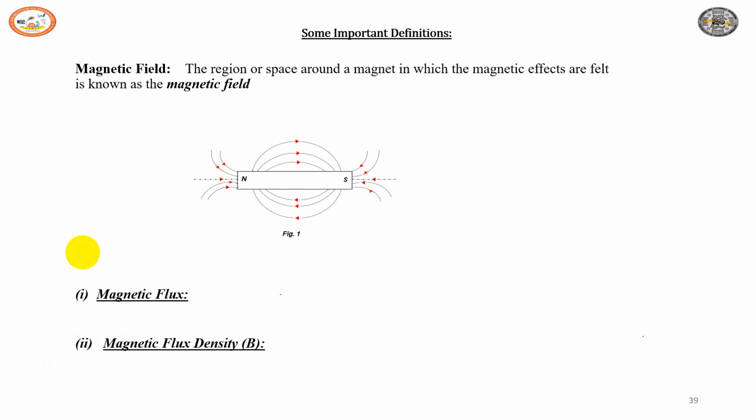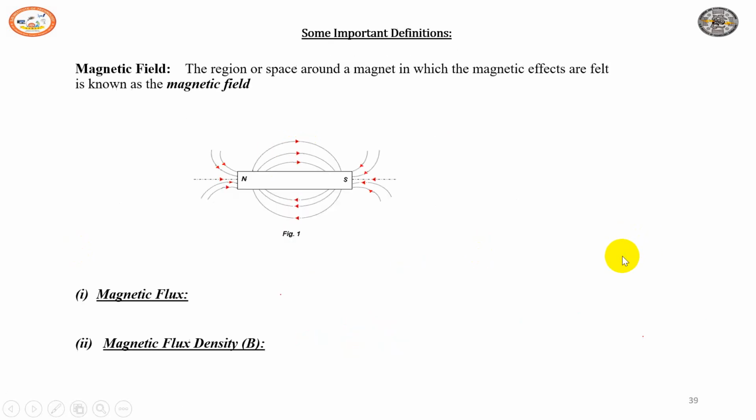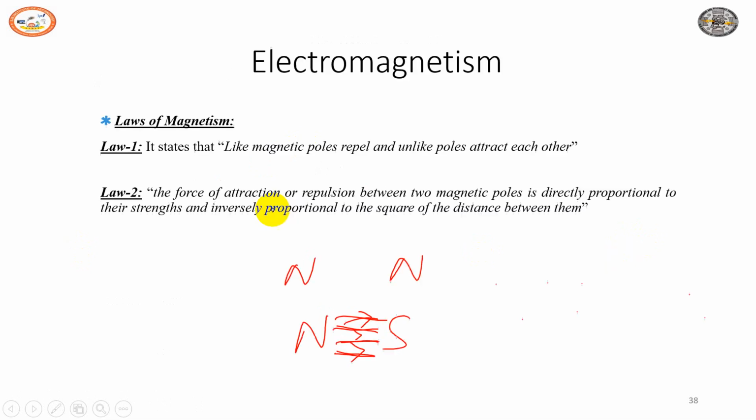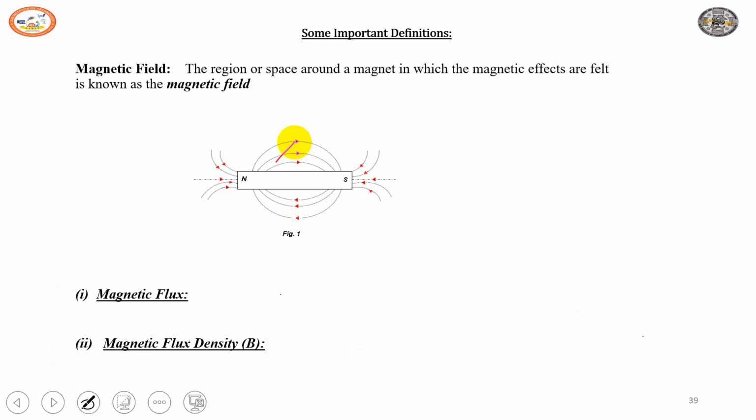The direction of the magnetic lines is from north to south. The lines very close to the poles have more flux density than the outer lines, which have comparatively less strength.